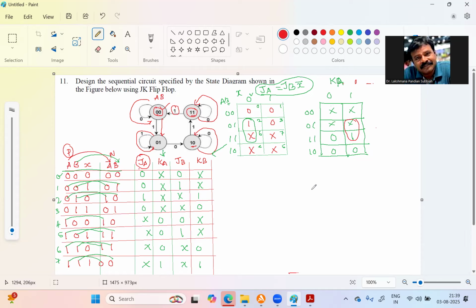So for that pair, KA is equal to B, and this is X. So this is KA equals B X.